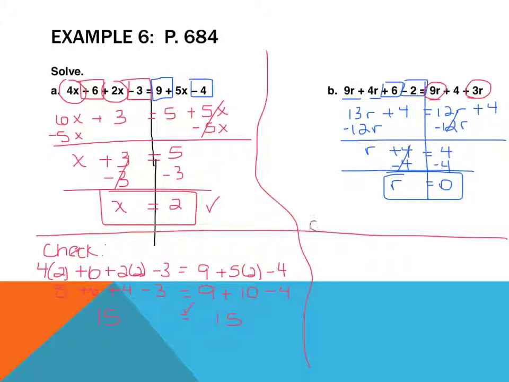Okay, so we'll check it. So it's going to be 9 times 0 plus 4 times 0 plus 6 minus 2 equals 9 times 0 plus 4 plus 3 times 0. 9 times 0 is 0. 4 times 0 is 0. 9 times 0 is 0.